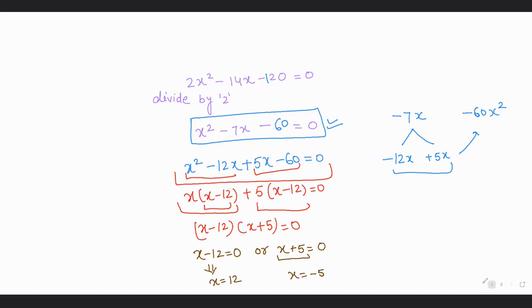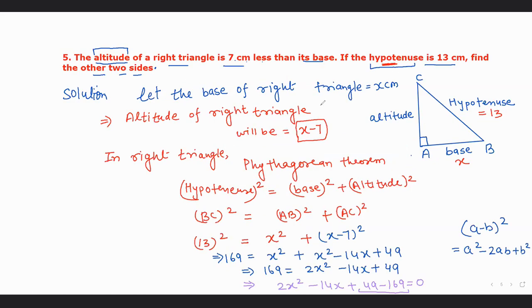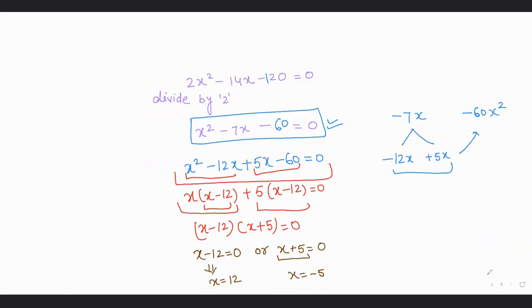The interesting thing is that x is our base, and the base means AB has some particular length or distance that can never be a negative number. So we can avoid this situation, and our answer will be x equal to 12. So this is my answer for this question, that is the base is x equal to 12.